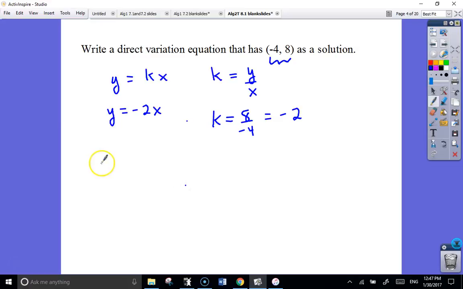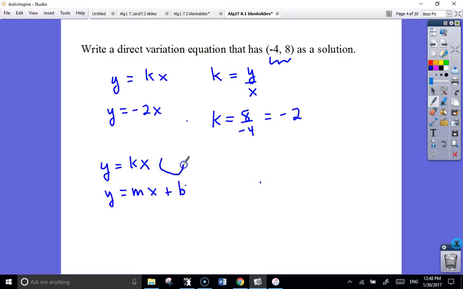If I compare y equals kx, what kind of a function is that? It's linear, right? X and y are to the first power. If I compare that to y equals mx plus b, what does that tell you now about the k? The k is the slope, right? And what does it tell you about the y-intercept of a direct variation?